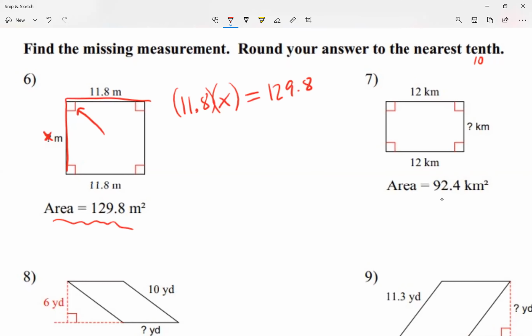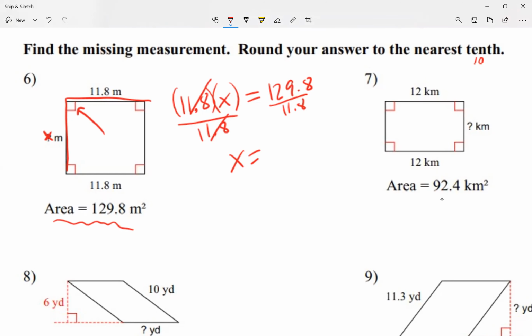And the area is 129.8. Now, my question here is, how can you get the X by itself? On the left, 11.8 times X. All right, so I would like to have the X by itself. The opposite of times is divide. So in this case, let me divide both sides by 11.8. So the X gets by itself.